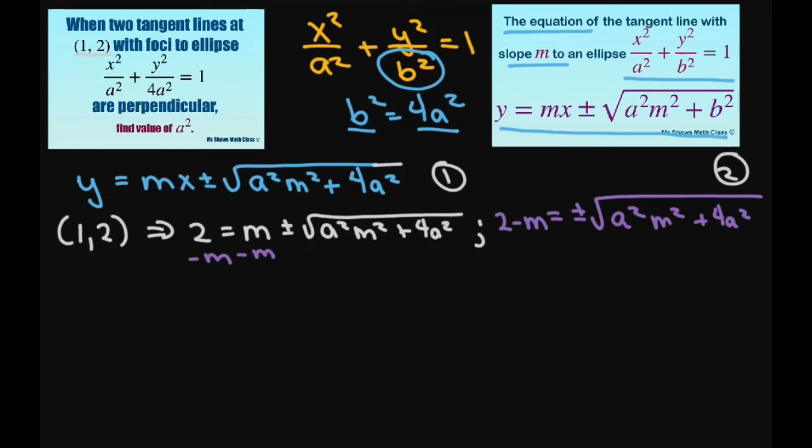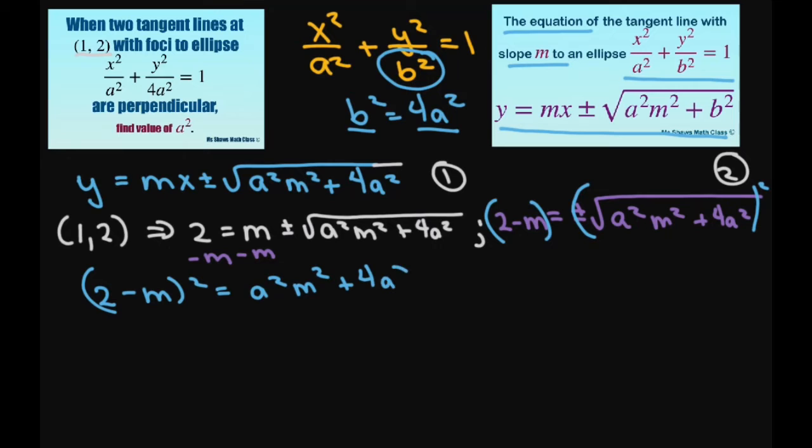Alright, so I'm going to square both sides of the equation. So I'm going to square this and square this. That's going to give me (2 minus m) squared equals a squared times m squared plus 4a squared. This negative gets squared out.